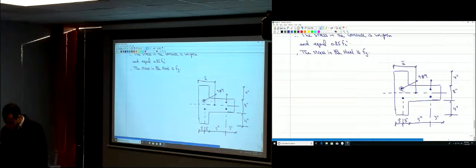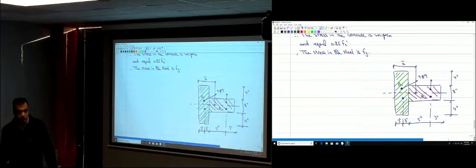The stirrups here will not play a role in the solution of this problem. I'm going to divide my section into an area A1 and an area A2. Those are what? Concrete or steel? Those are concrete, okay? So A1 and A2 are concrete, and I have the steel here.